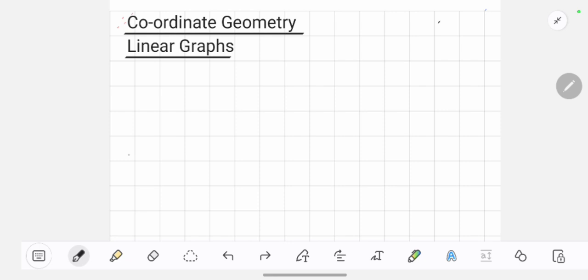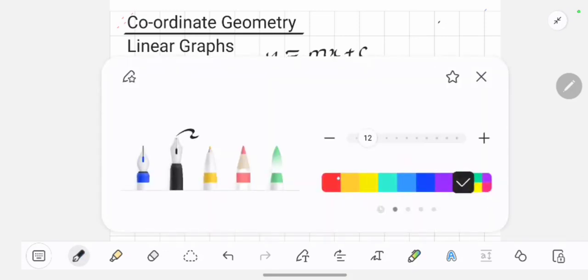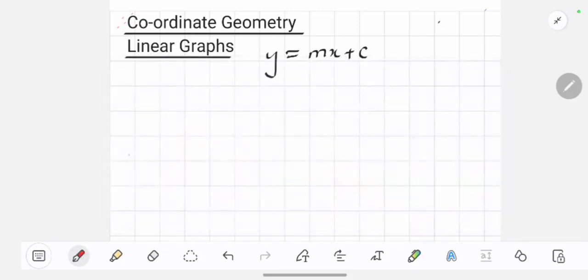Straight lines can be written in the form of y equal to mx plus c. This is the format of a linear graph or a linear equation. So in this format, m is the gradient.